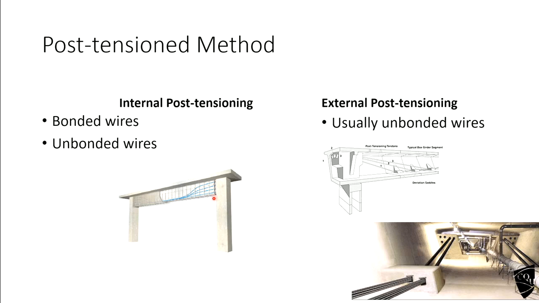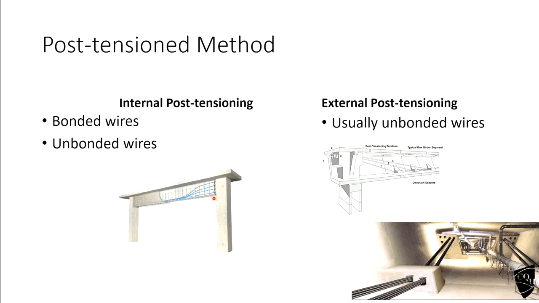Still they are in equilibrium, but the way to equate it is slightly different because they are not bonded to each other. So unbonded wires and external post tensioning are quite complicated. There are lots of empirical formulas available to find the strain in the tendon, and the design methods are slightly complex.